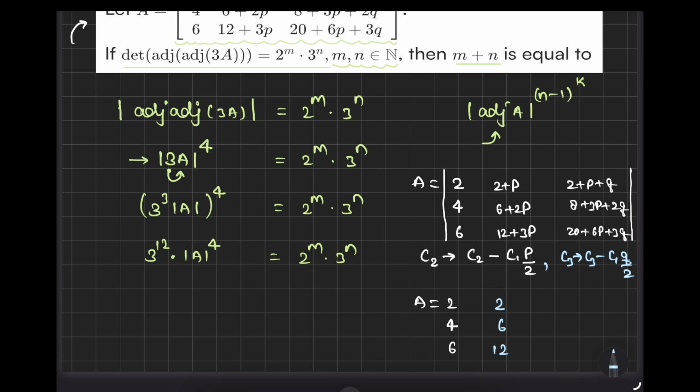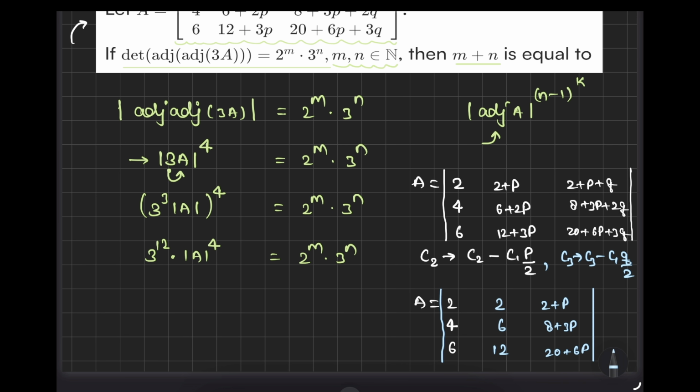So this time the q part will be eliminated and we will be left with p's. So 2 plus p, 8 plus 3p, 20 plus 6p. Okay, so we have eradicated q. Now we are left with p's.